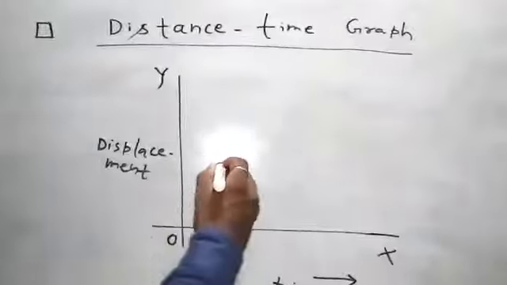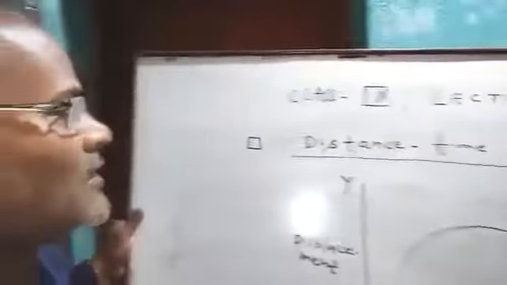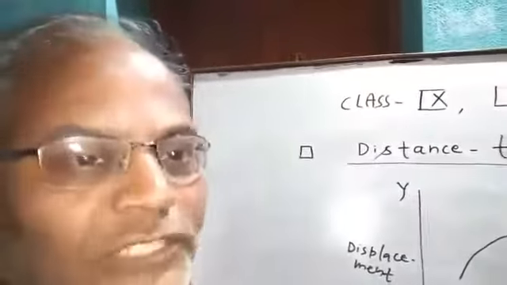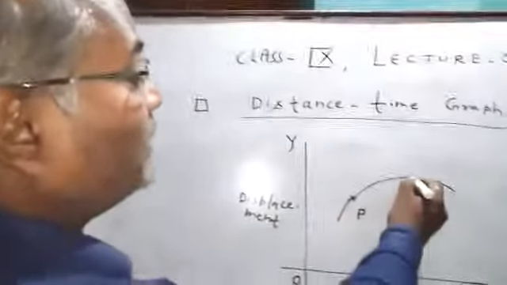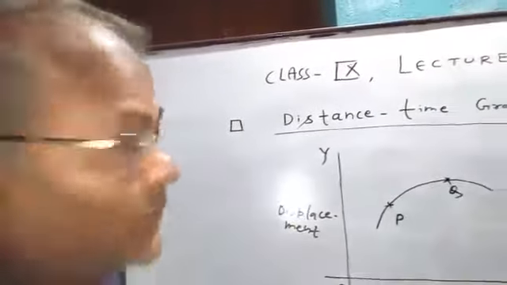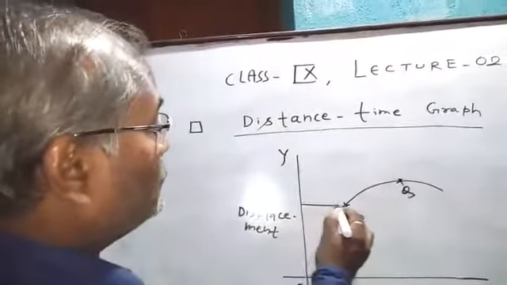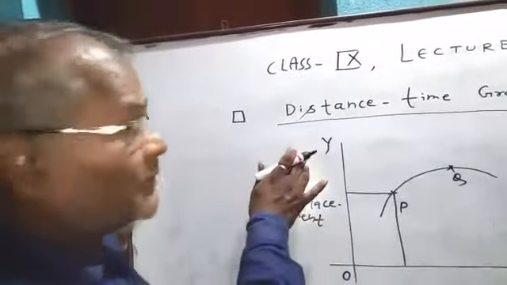Here we take a graph. Let us suppose it is a displacement time graph, and we take two points, P and Q. Now we draw two perpendicular lines from point P on the time axis and displacement axis respectively.